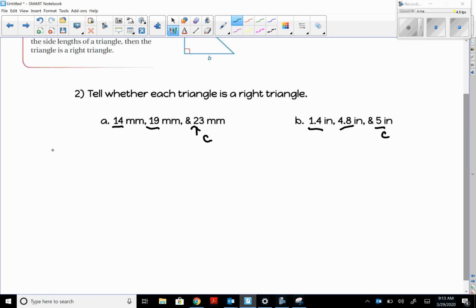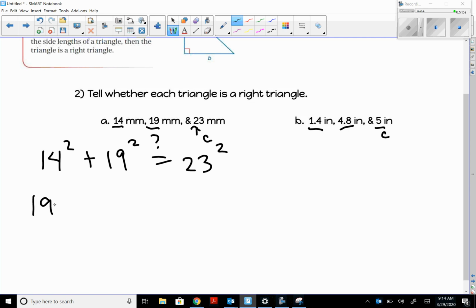So for A, I'm going to do 14 squared plus 19 squared. We're trying to determine, is that going to equal 23 squared? So with my calculator, 14 squared is 196. 19 squared is 361.